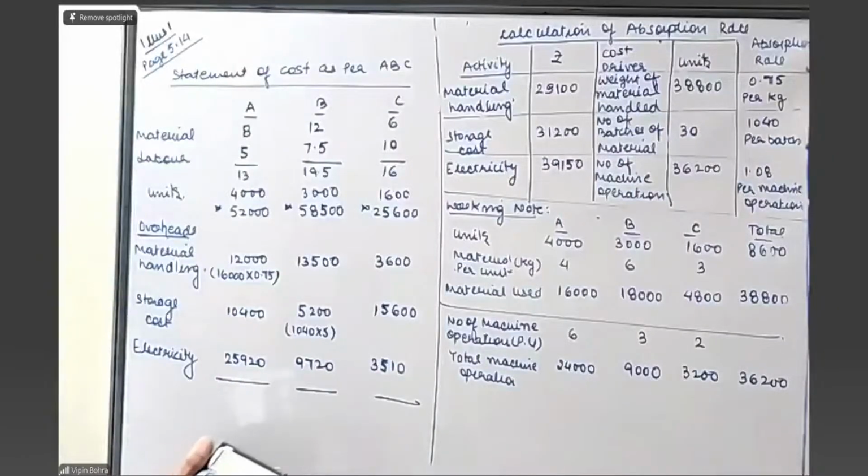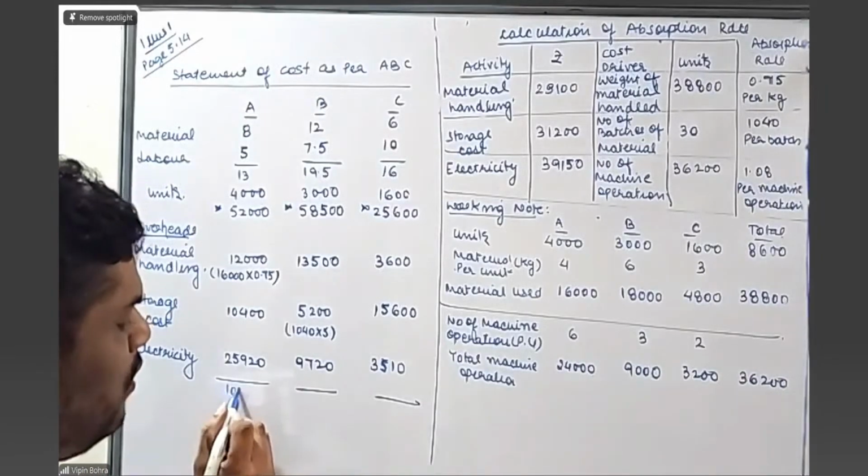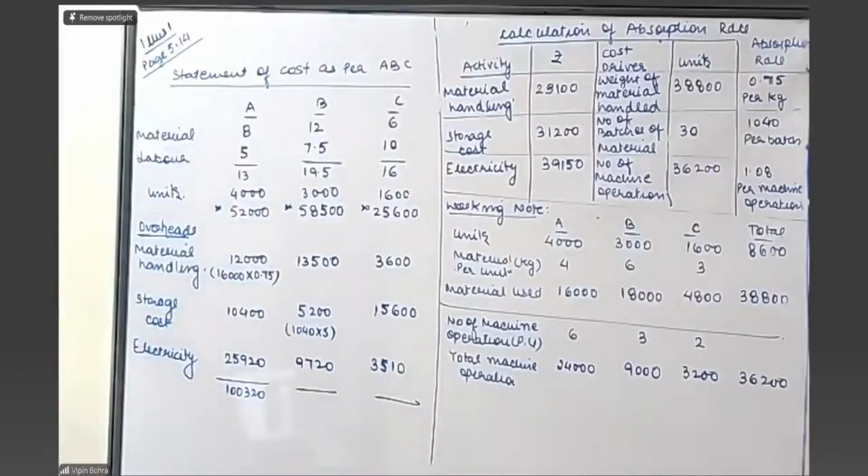So now what will be my total cost? 52,000 plus 12,000 plus 10,400 plus 25,920, so 100,320. Similarly, 58,500, 13,500, 5,200 and 9,720.